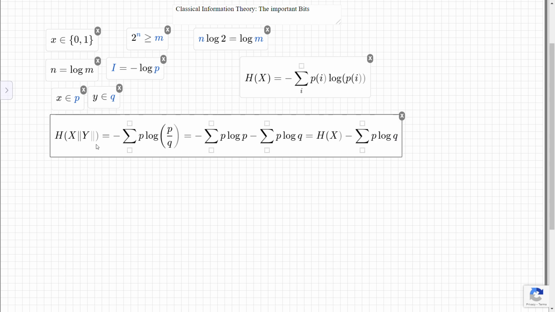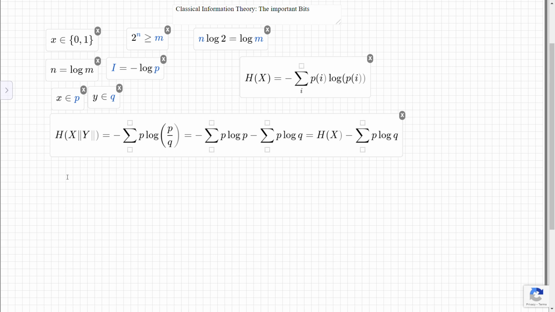There's another thing, which is conditional entropy. So conditional entropy H is represented by a single bar, different from the relative entropy where it was represented by a double bar.